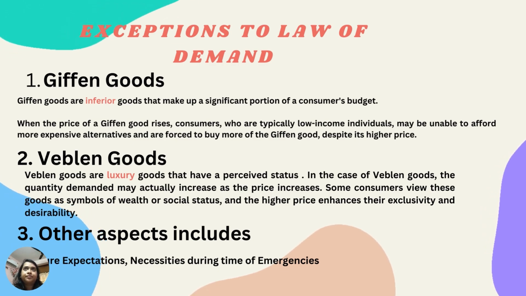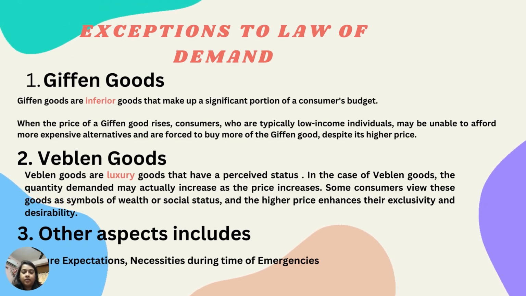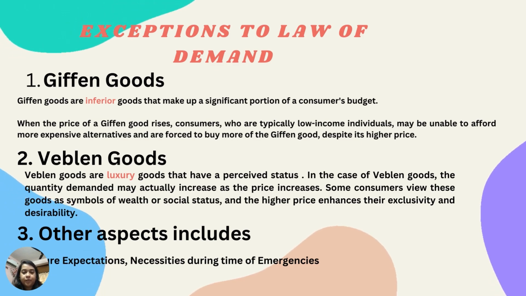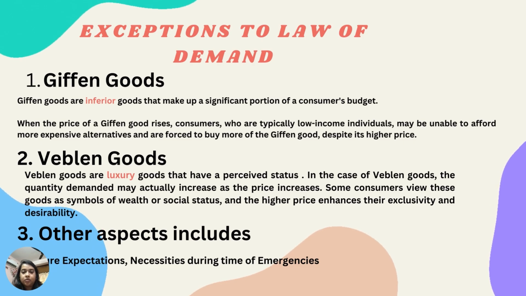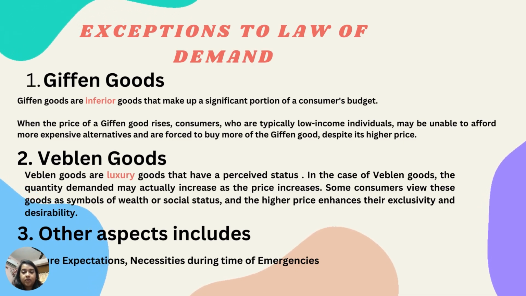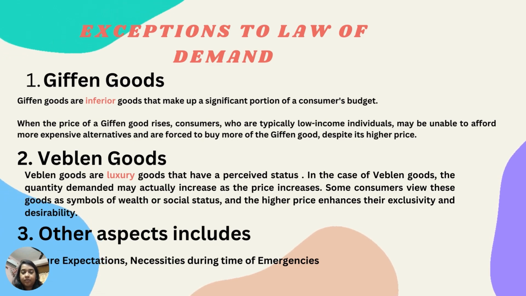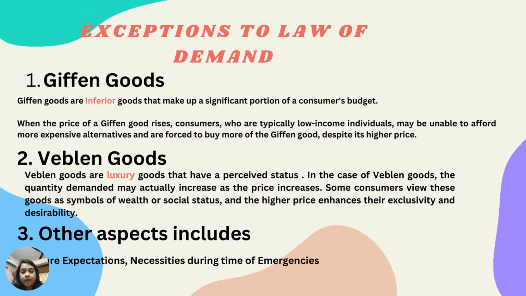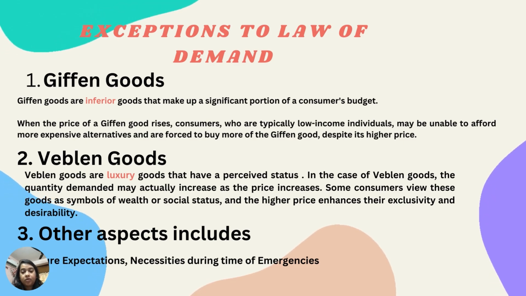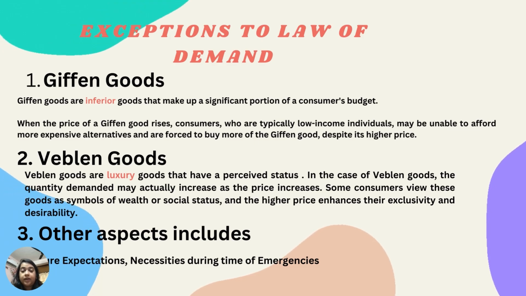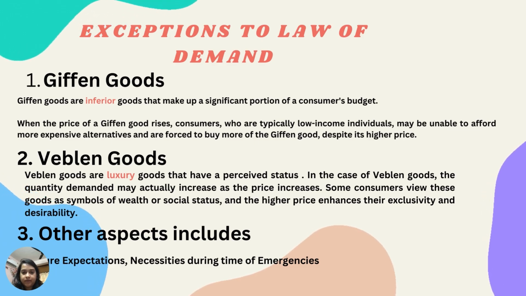Suppose most people have a staple food such as rice. If rice prices rise, then being a staple food, low income group people will try to buy rice even though the price increases, but will look for an inferior quality grade of rice.